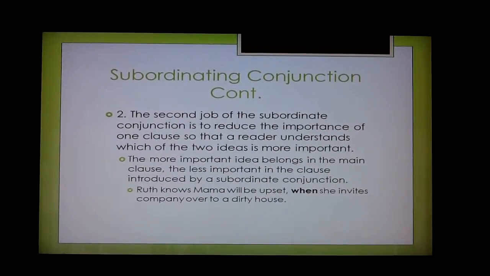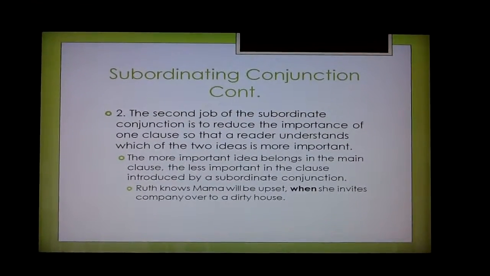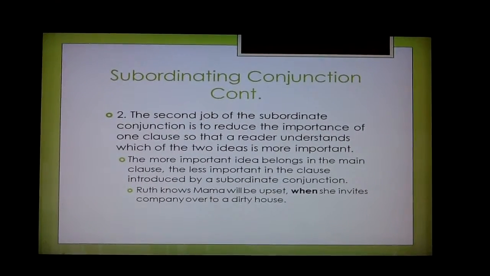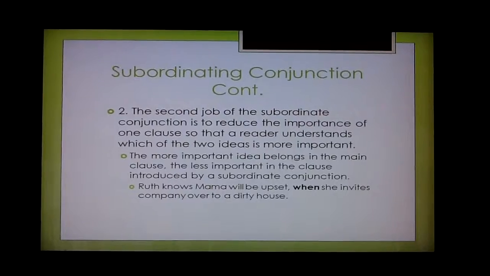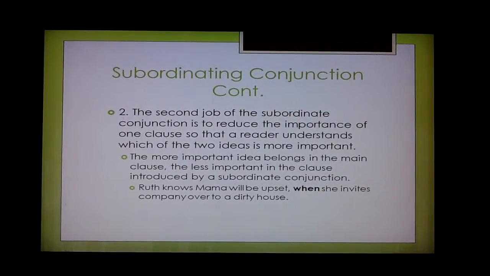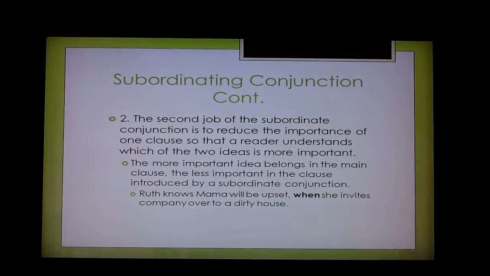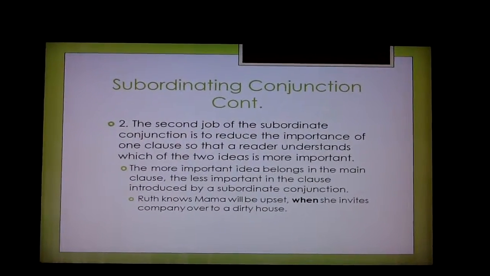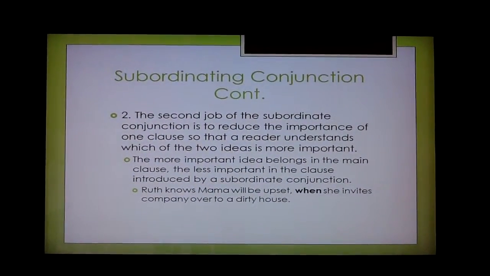Ruth knows Mama will be upset when she invites company over to a dirty house. The most important part of that sentence would be the beginning, where it says Ruth knows Mama would be upset. When she invites company over to a dirty house is telling us why she would be upset. But if we just said she invites company over to a dirty house, it's not really saying much, except that's what she did.